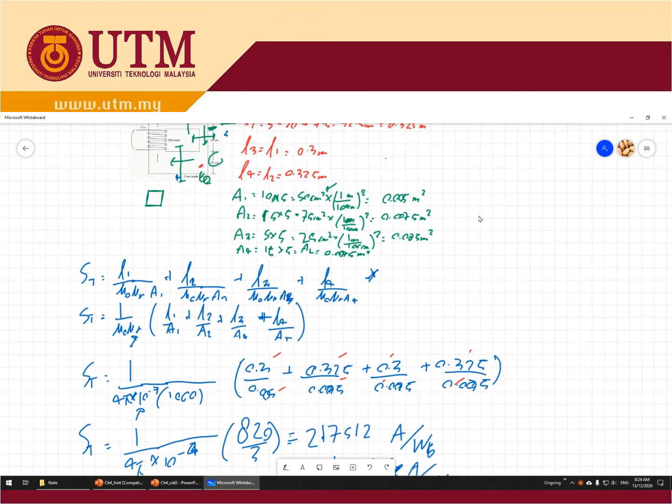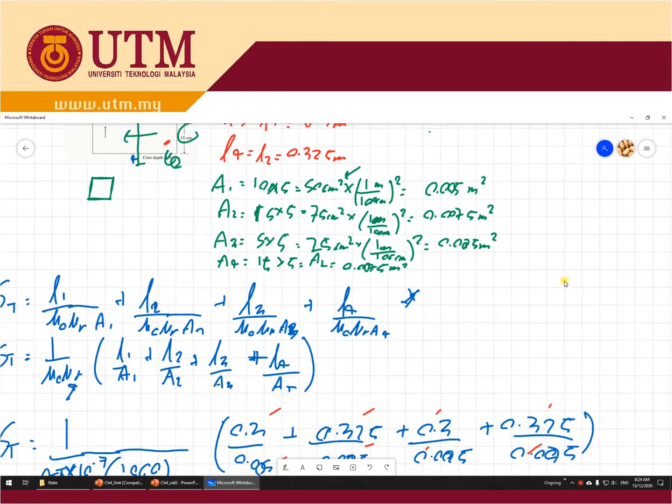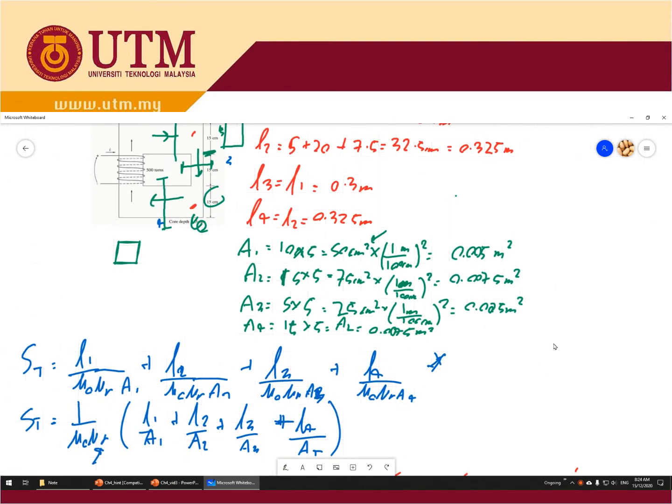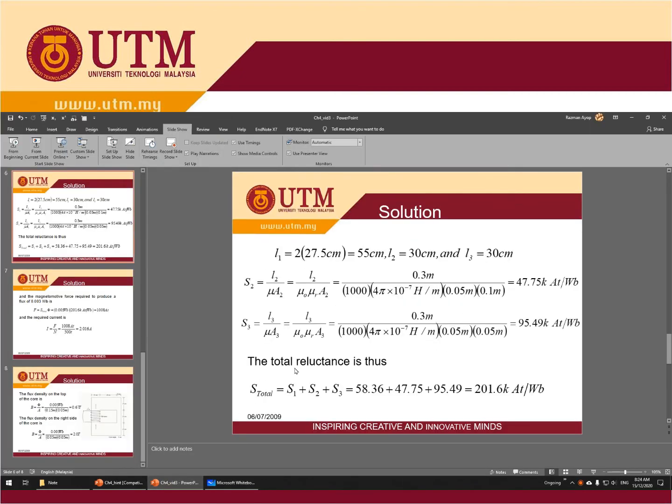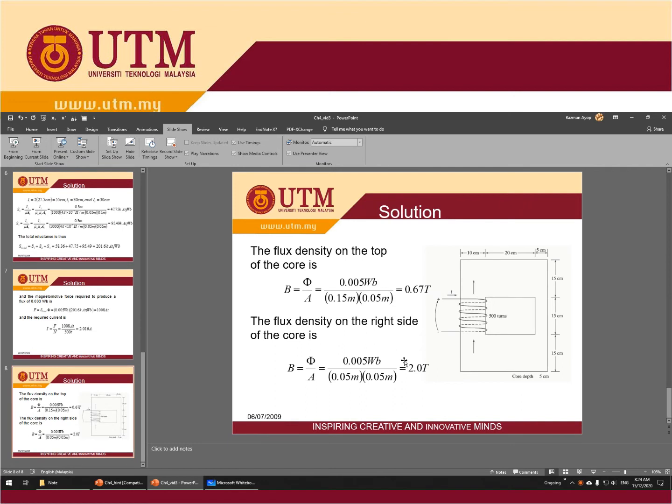Remember this one is A2 because at the top you label it as 2. So use this, and the flux is the same, 0.005, because this is in series, all the flux is the same. Then you divide by the area here and the area here. So you get the answer.